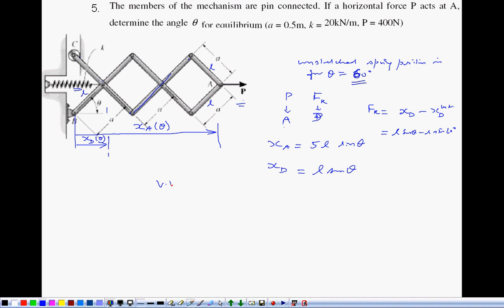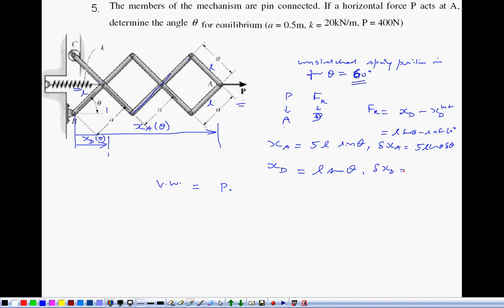Now virtual work can be written as P times the horizontal virtual work. The virtual displacement here can be found out to be 5 times L cos theta delta theta.